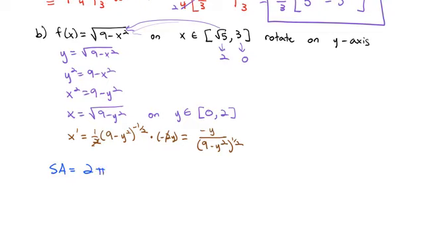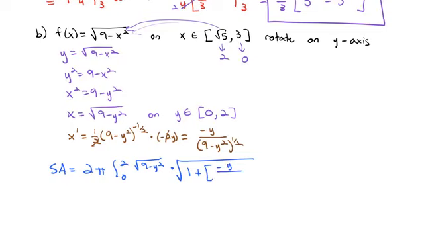Surface area is 2 pi times the integral from 0 to 2, we said, of our function. That's the square root of 9 minus y squared times the square root of 1 plus the derivative squared. So let's write out every step here.